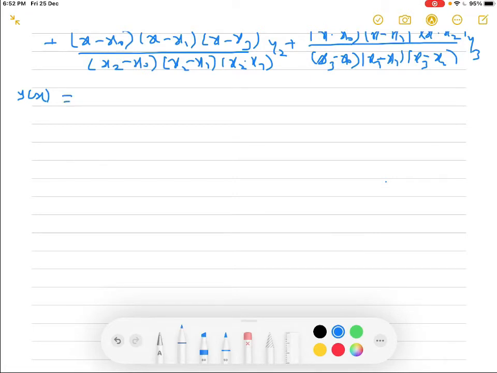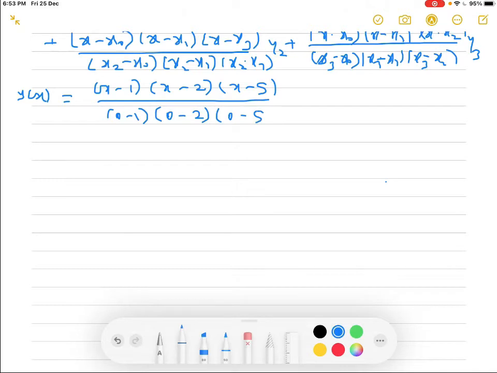So that is y of x is equal to, where x keep it as it is, x minus 1, where x1 is 1, x minus 2, x minus 5 divided by, I have to subtract from the 0 in the denominator, so that is 0 minus 1, 0 minus 2 into 0 minus 5 into 2, that is y0.